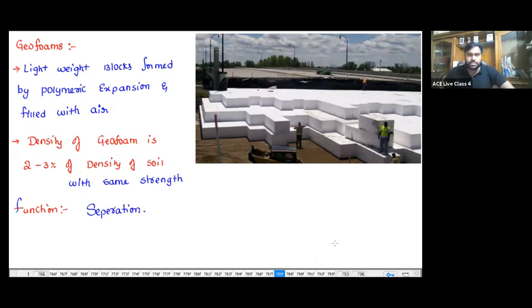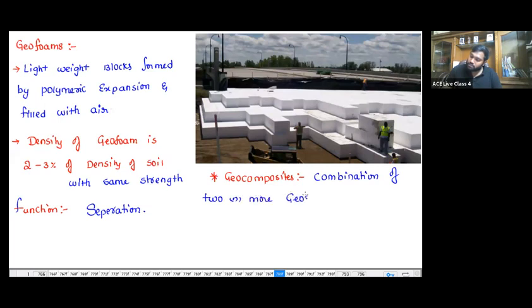And the last one is geocomposites. Geocomposites is a combination of two or more geosynthetic materials to obtain all functions.